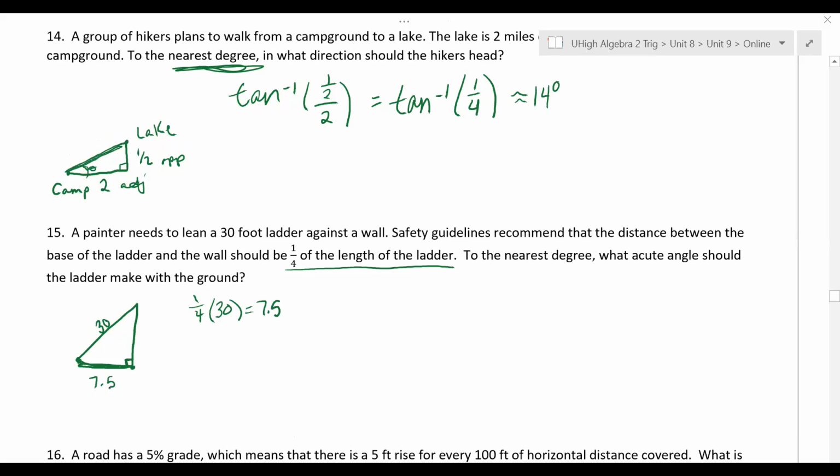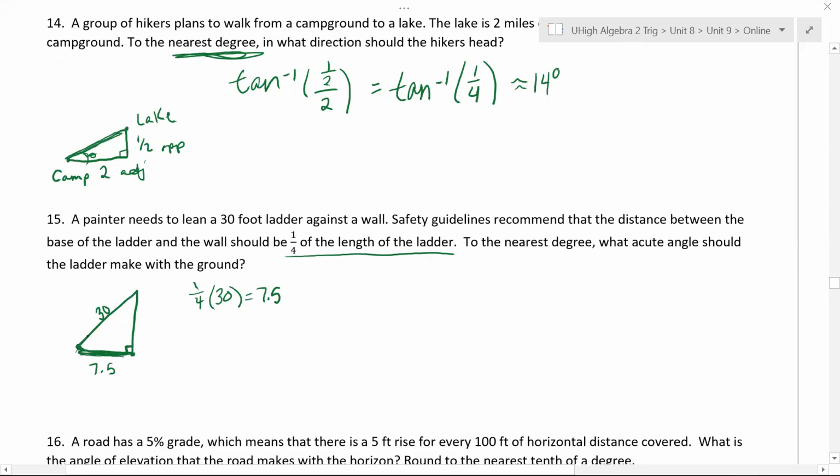And then, what acute angle should the ladder make with the ground? If this is my ground and this is my ladder, I'm looking for the angle right here. From this angle, I have my hypotenuse and I have my adjacent. So I'm going to use the inverse cosine of my adjacent over my hypotenuse.